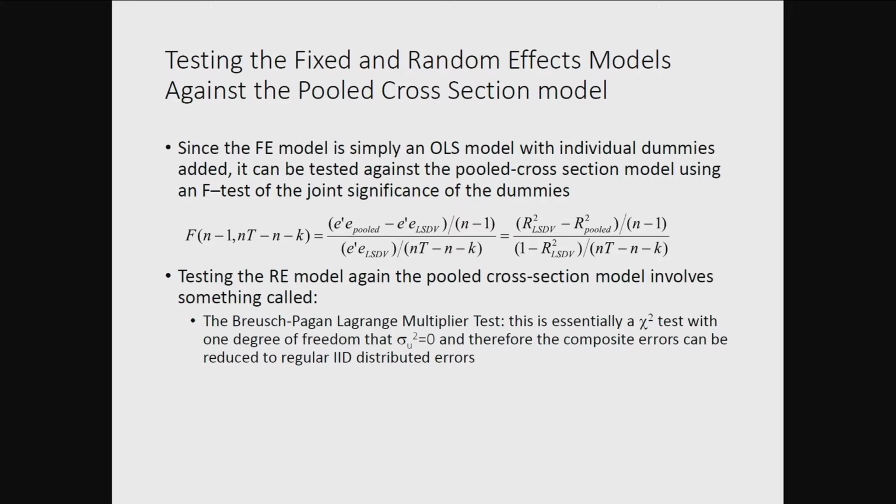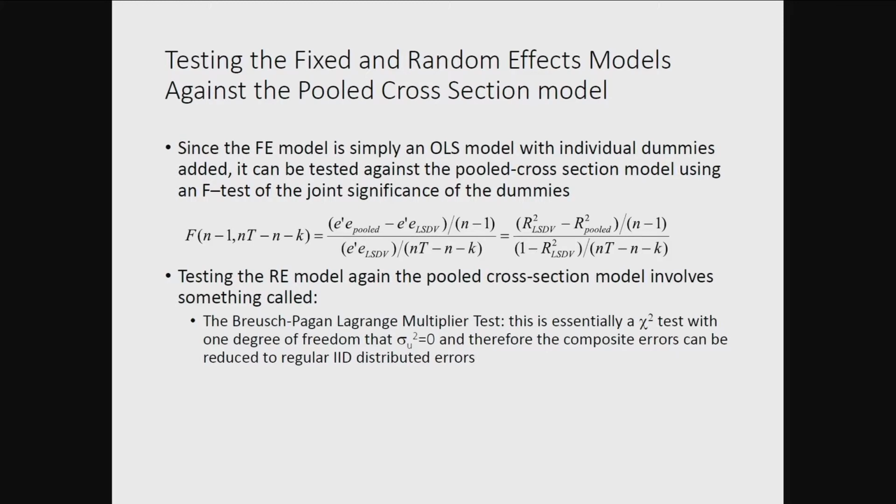So in this case, what I want to do is choose between models. We have the very first model that I presented, which is the pooled OLS, against the least square dummy variable model, which is the fixed effect model. So I want to compare both in order to see which one I will be using, okay?